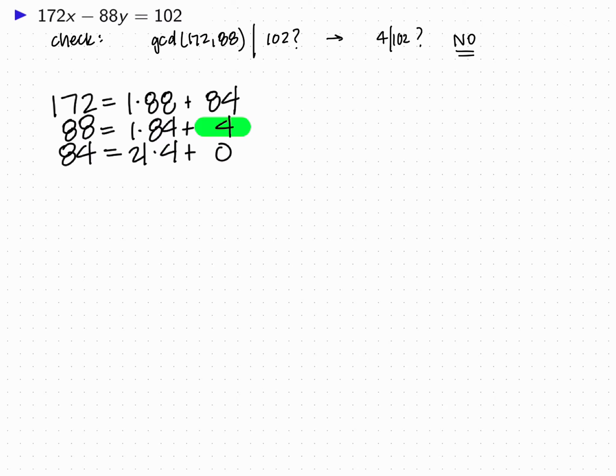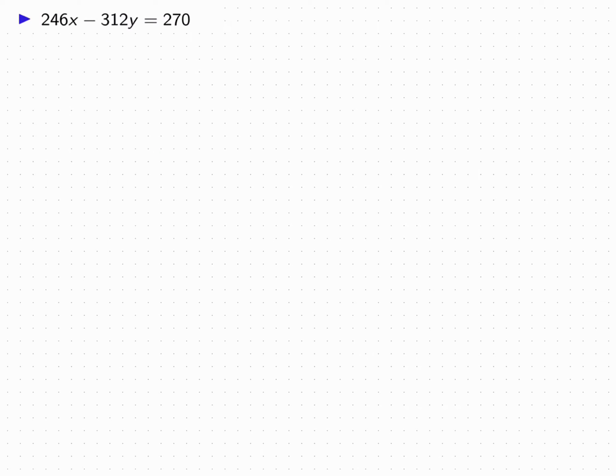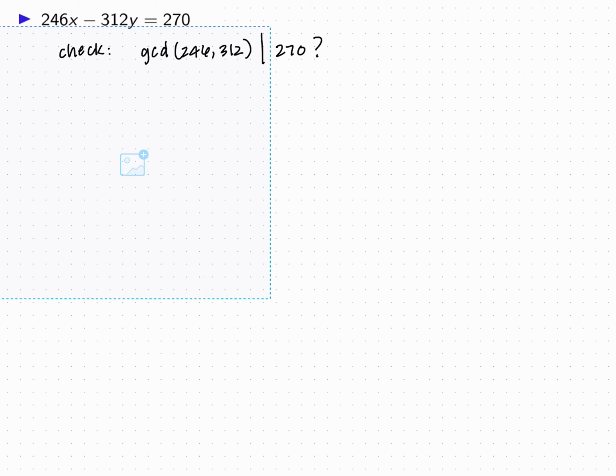All right. Let's look at our next one. 246x minus 312y equals 270. So again, we want to check, does the GCD of 246 and 312 divide 270? That's our question. Again, I've already done the GCD work for us, so let's pull that up.